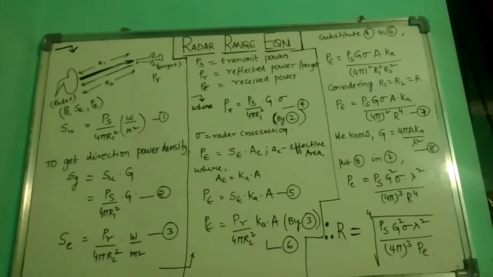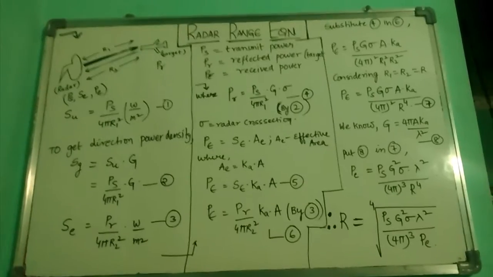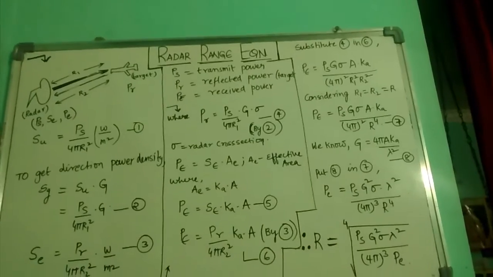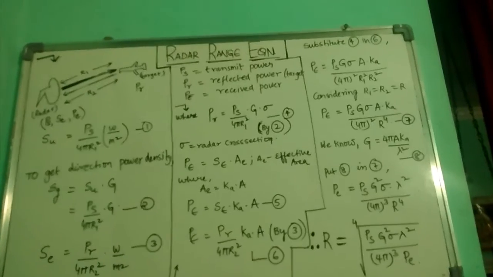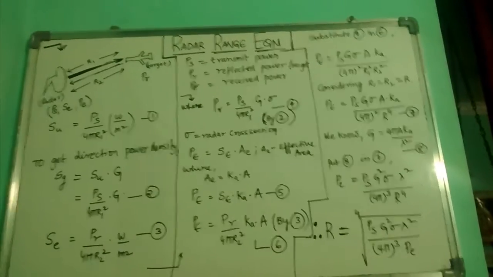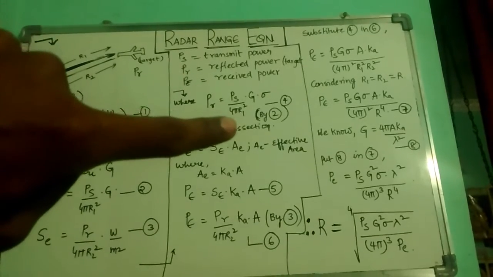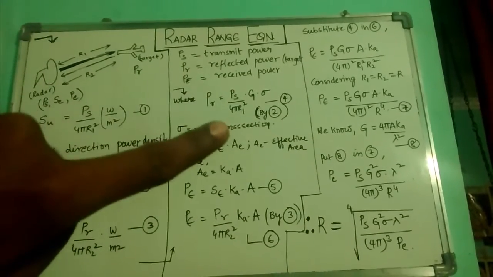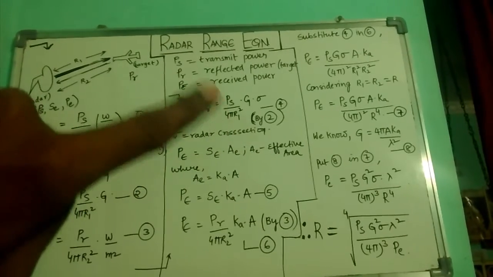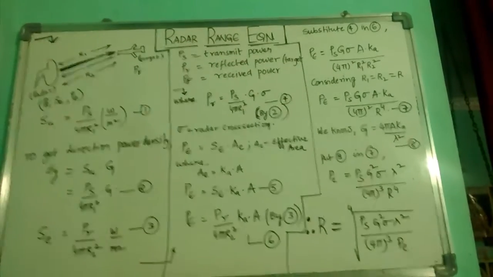Now in the second block, PR, the reflected power, is given by the directional power density into sigma, where sigma is the radar cross section area. It is the radar cross section area multiplied by PS by 4 pi r1 square into G, which you can observe in the second equation, Sg, the directional power density, into sigma.